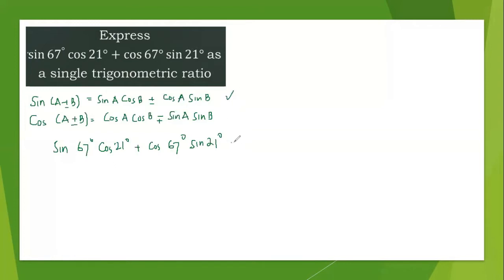So the single trigonometric ratio is sine, open the bracket, 67, and then here is positive. Look at here: positive, positive, negative, negative. So this one is positive, so you have to follow the positive one. Positive 21 degrees. So sine of 88 degrees.